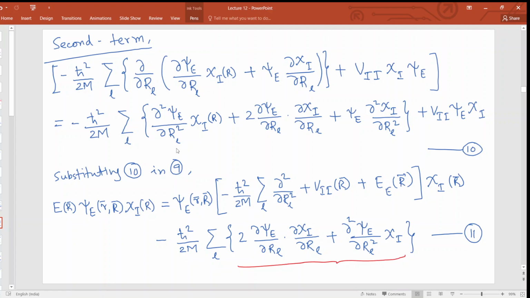form. So here actually you can see that basically we have this term, so this will be the second derivative of psi e with respect to Ri because of this part. Okay, so I think I am kind of overlapping it.